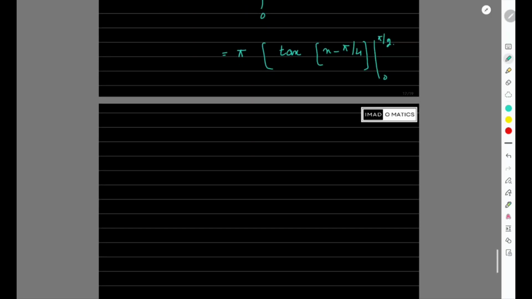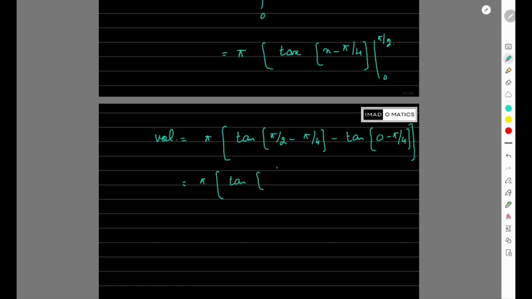Putting in the values of x, we have tan of (pi by 2 minus pi by 4) minus tan of (0 minus pi by 4). Tan of (pi by 2 minus pi by 4) is tan pi by 4, and tan of (0 minus pi by 4) is tan of minus pi by 4.